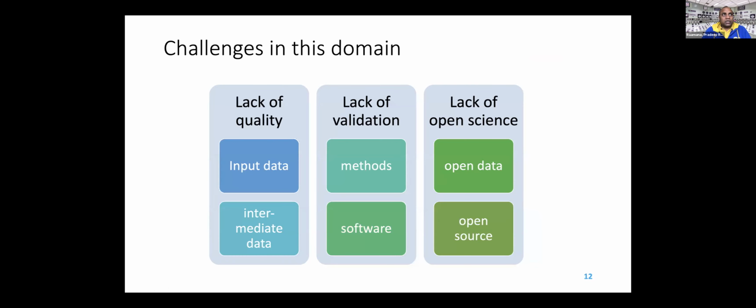In this process, I realized there are two or three important challenges that are holding the entire field back, not just my methods. Essentially, they fall into three bins, like I show here: lack of quality in both intermediate and input data, lack of sufficient validation for methods and software, like I mentioned before, and lack of collaboration, so to say.